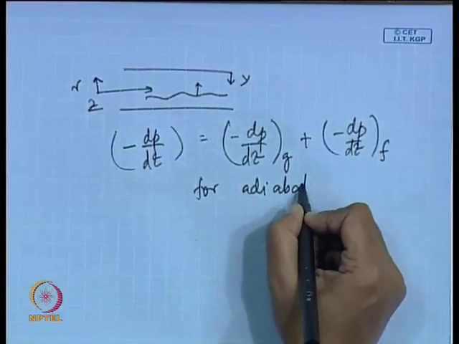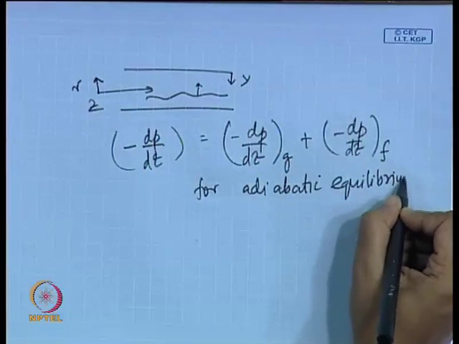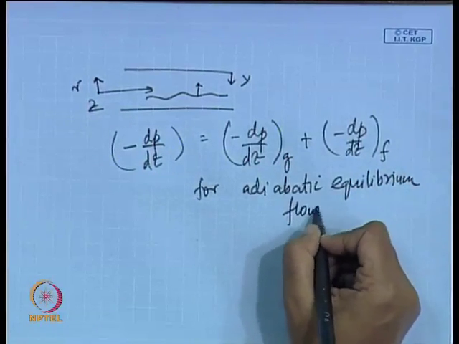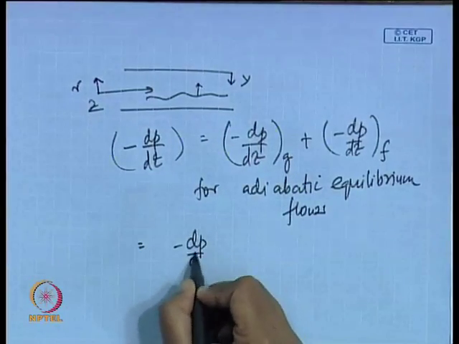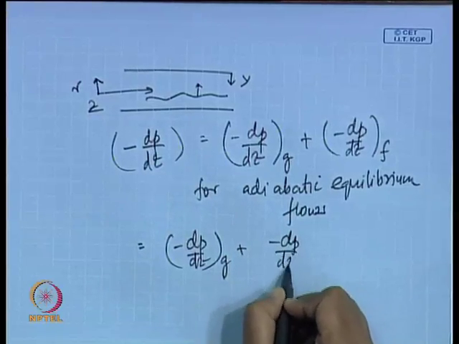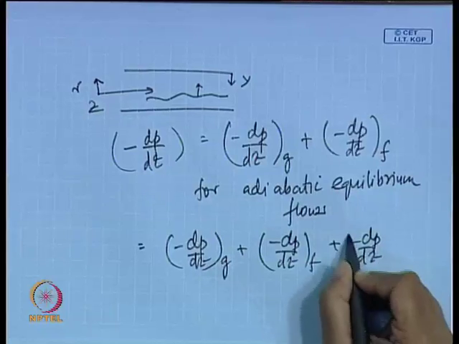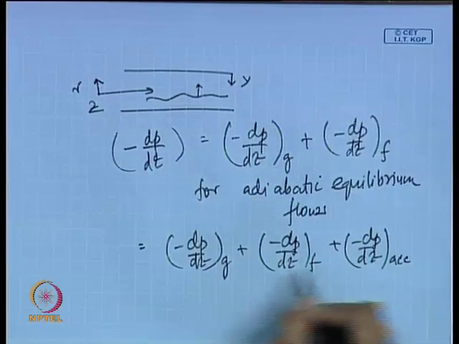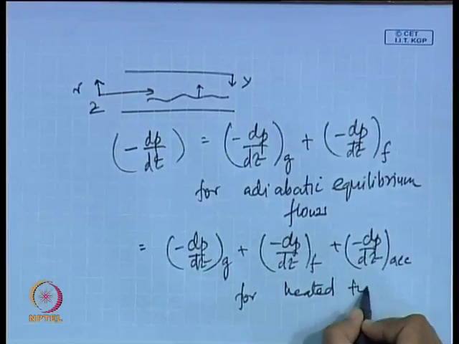This you have already derived, you know it. And this is equal to the gravitational pressure gradient, the frictional pressure gradient, as well as the acceleration pressure gradient, which comes into being when we have heated tubes, and under that circumstance what happens?